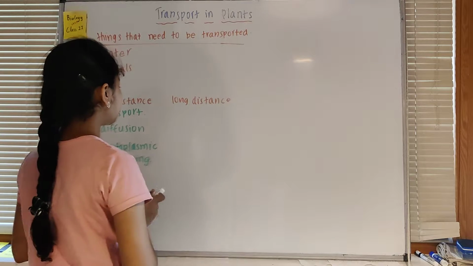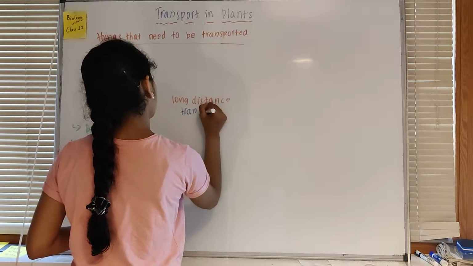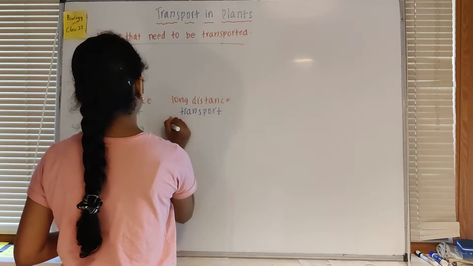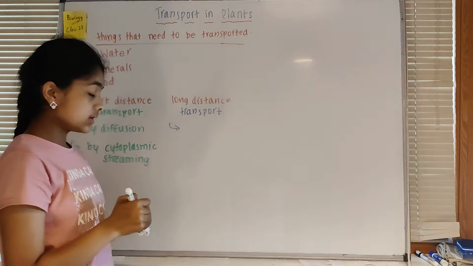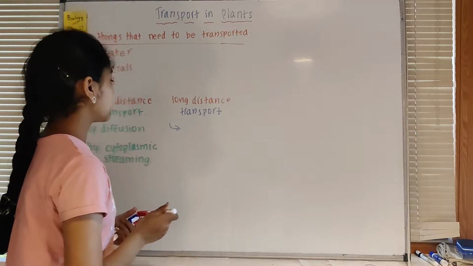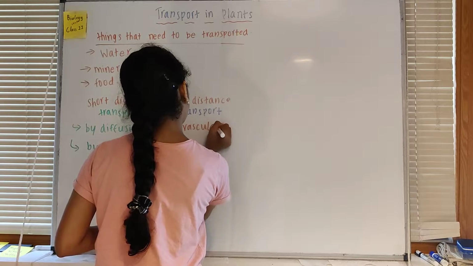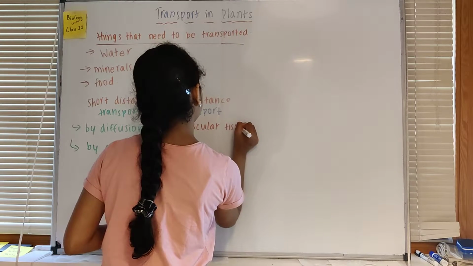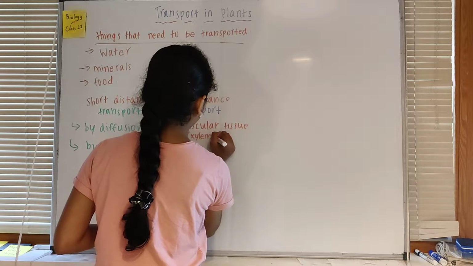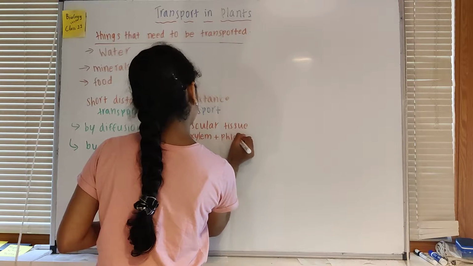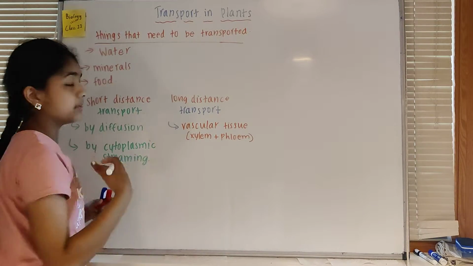Then we have long distance transport. The long distance transport takes place by certain vascular tissues, like we have discussed, that is xylem and phloem. For xylem we have water and some minerals.